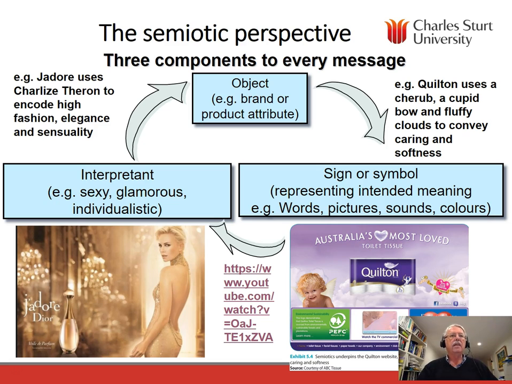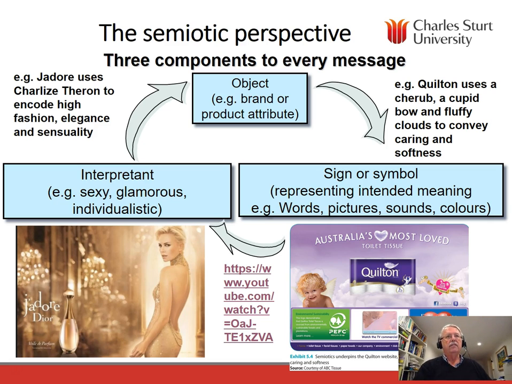And now we can see, for example, the Quilton toilet paper example. And so you can see some of the themes developed are symbols of love, caring, and softness on this campaign. So we have the interpretant, the sign or symbol, and the object, which is the brand or the product.